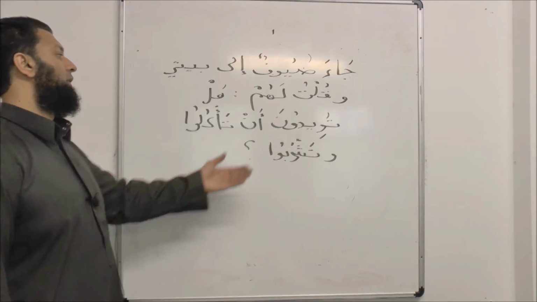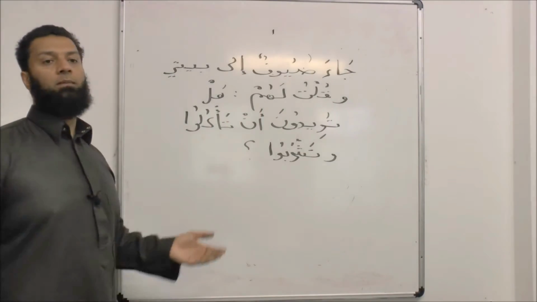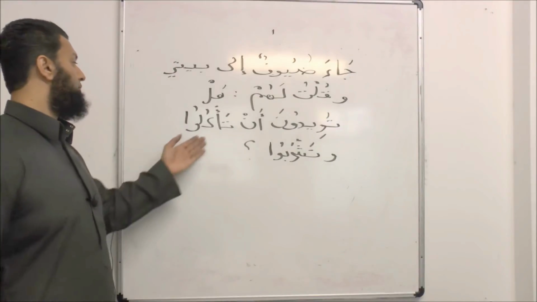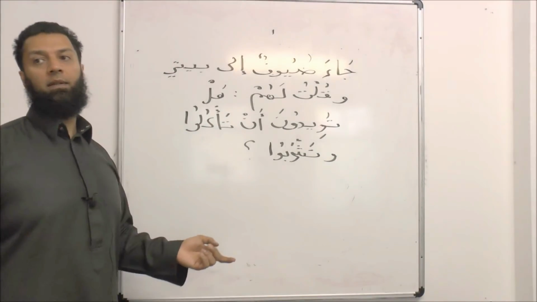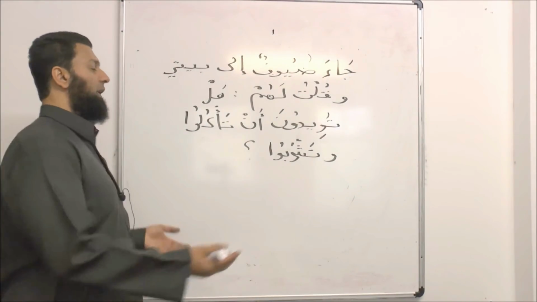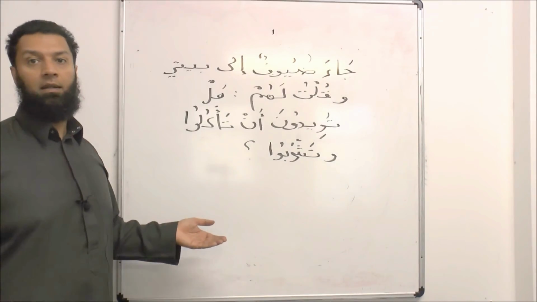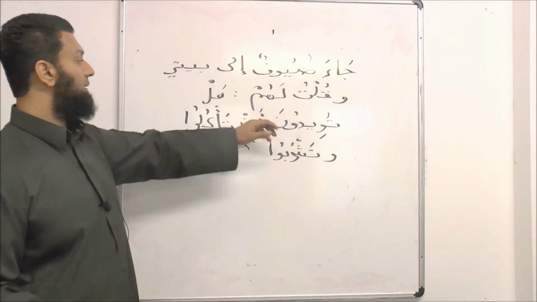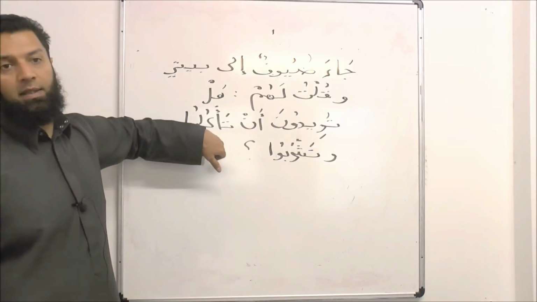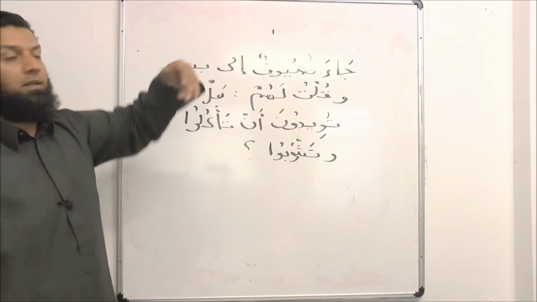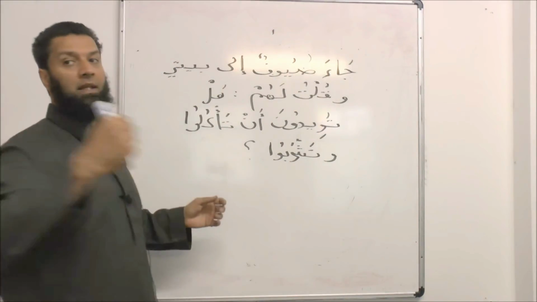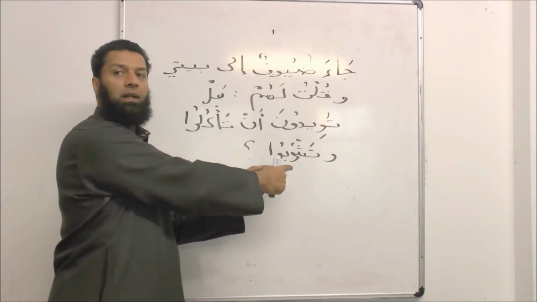Hal turiduna an ta'kulu. It follows the an, to convey the meaning of you eat. So it is, do you want to eat? And meaning, do you want to drink?